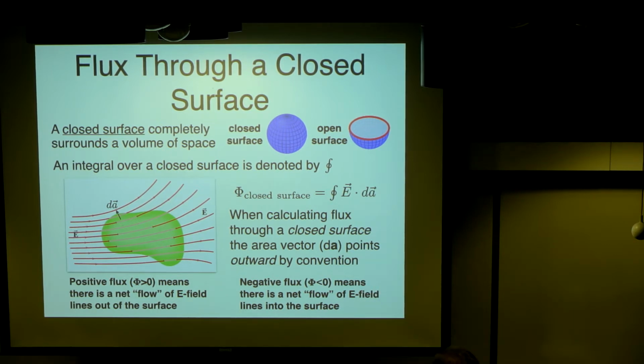So there's one other thing to say about the way this works when we're integrating over a closed surface. And that is, how do we look at the dA vector? When you have a closed surface, it's clear what's on the inside and what's on the outside, right? There's a clear difference between those two. So the convention for the area vector dA is that it points outwards. Okay? And let me just show you, let's say, with the sphere. If we're on the surface of the sphere, the dA vector, as we have been saying, is meant to point perpendicular to the surface, right?